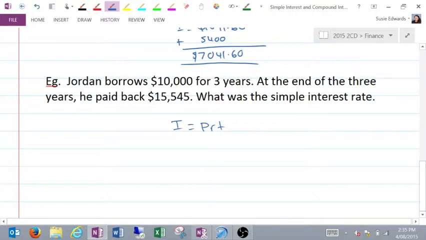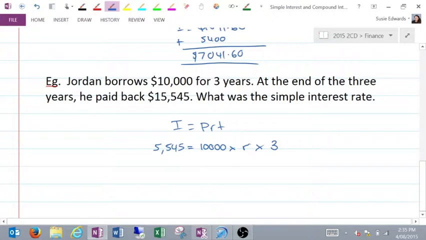So good work, Nick. Okay? We have to find the difference between those two numbers because that's the interest. Okay? So $5,545 equals 10,000 times R times 3.